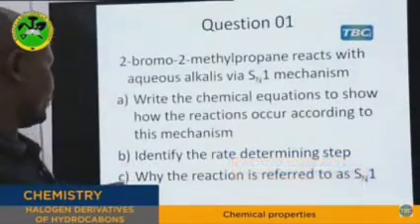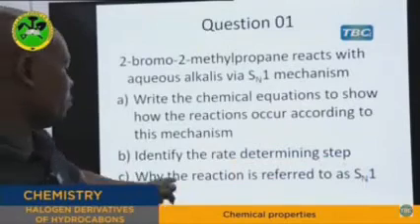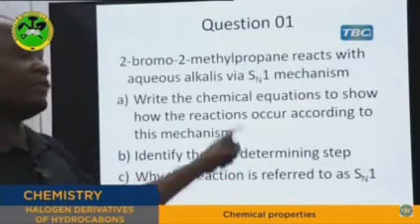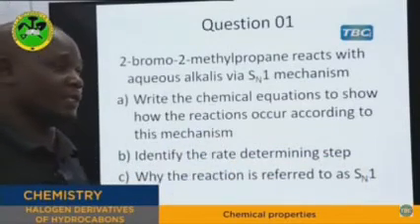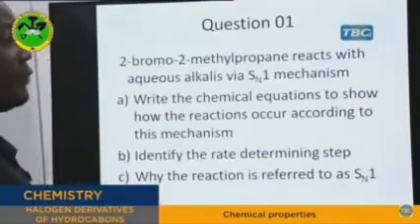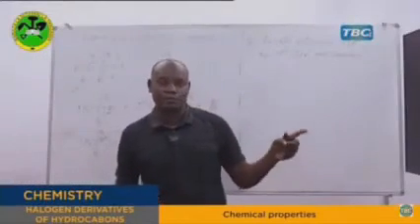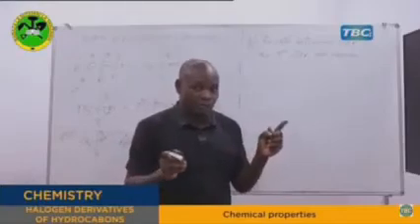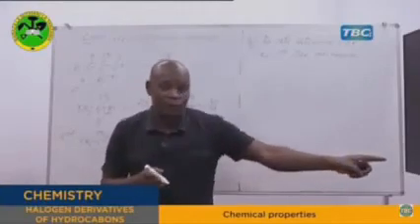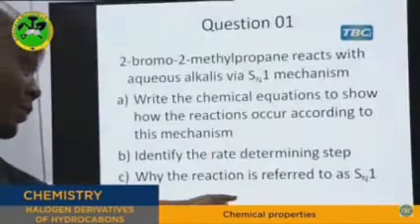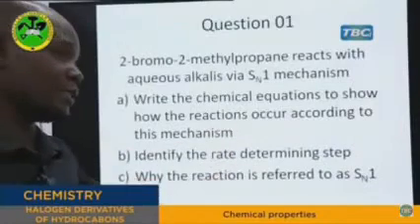But in the third part, you have been asked to explain why the reaction is referred to as a first order nucleophilic substitution reaction. I'm sure you can answer it because we have explained it when we were talking about first order nucleophilic substitution.